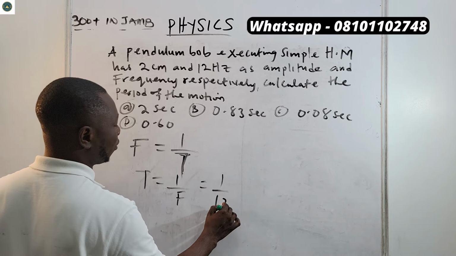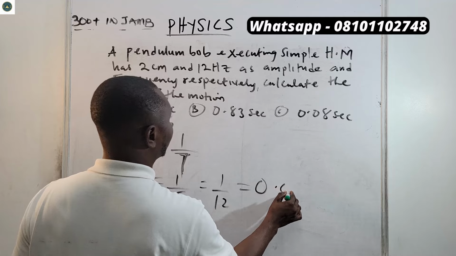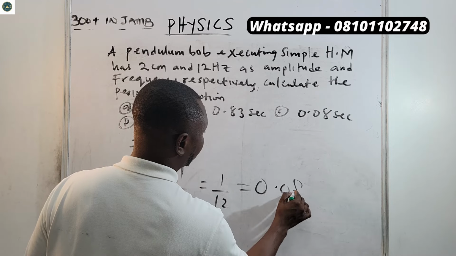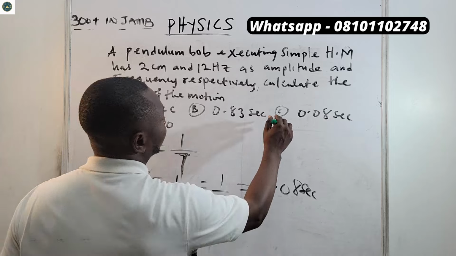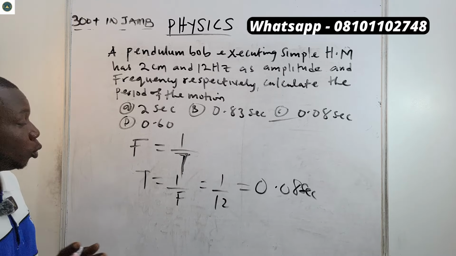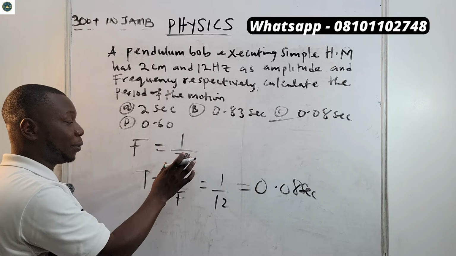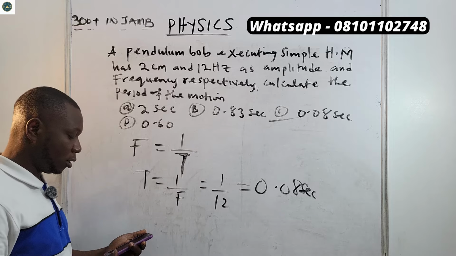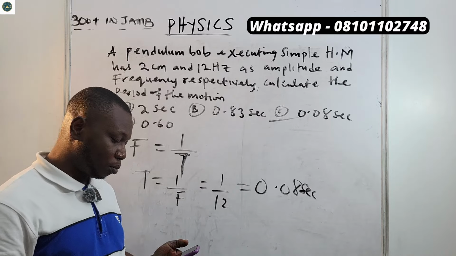So 1 over 12 gives you 0.08 seconds. So the option there is C. Try as much as possible to understand the relationship between frequency and period before you solve complex problems. Okay, now let's go deeper.